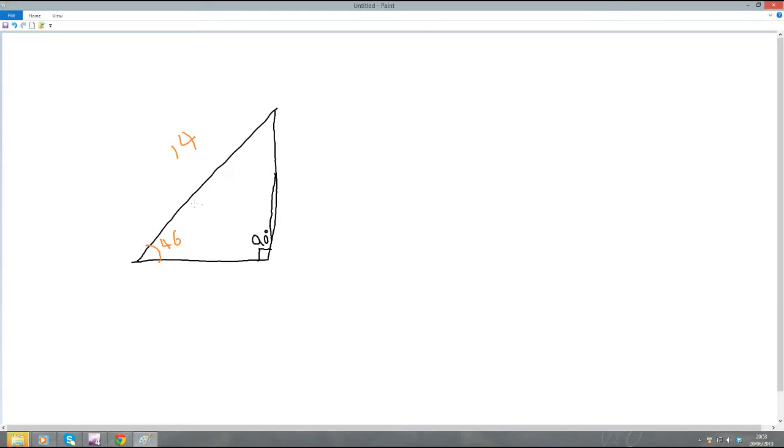Before we do anything, we must identify each side. So, the longer side is always the hypotenuse. A, which stands for adjacent, meaning next to, is always the side next to theta.